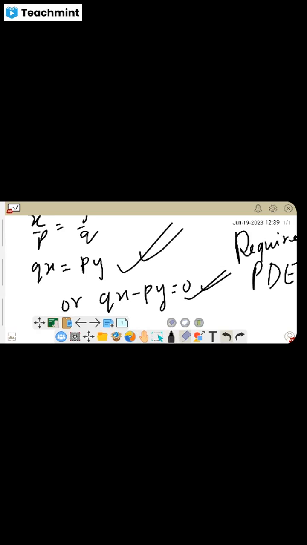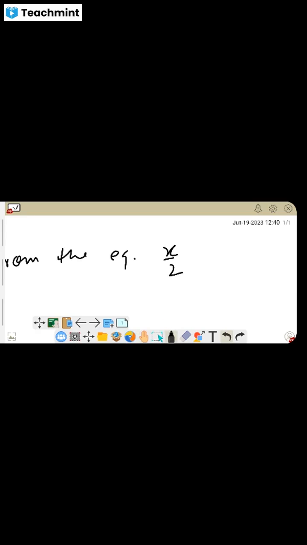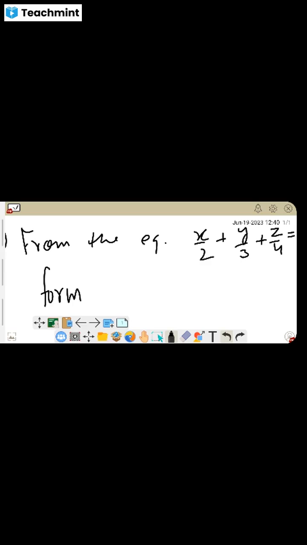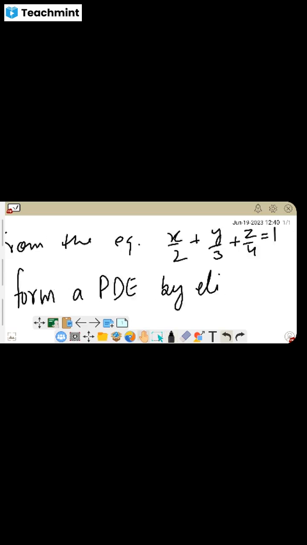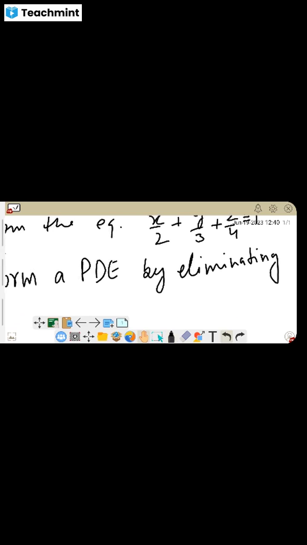And let's do some more questions. Question: from the equation x upon 2 plus y upon 3 plus z upon 4 is equal to 1, form a PDE by eliminating arbitrary constant.